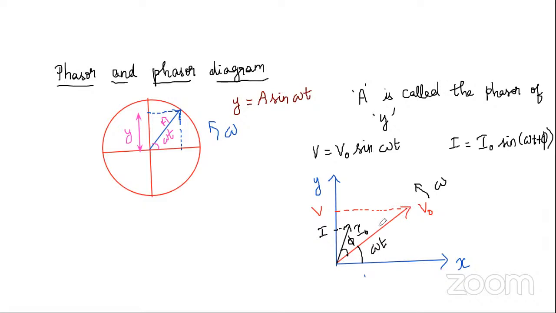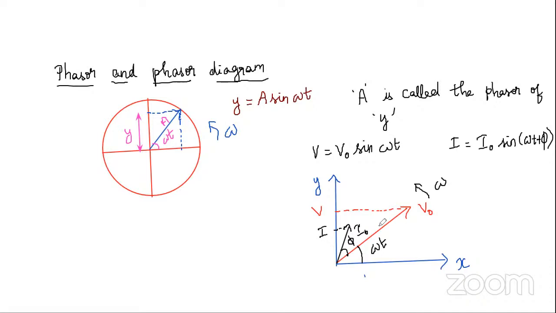Do you all understand the concept of phasor diagram now? Yes, sir. Anyone having any doubt? Because based on this concept of phasor diagram only, you can understand different types of AC circuit. Next class we will be discussing AC circuit containing pure resistor, pure inductor, and pure capacitor. All these concepts will be discussed in our next class.